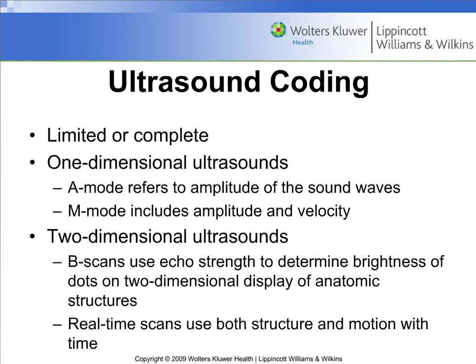The resulting image is a two-dimensional display. The real-time scans include display of both structure and motion with time in a two-dimensional image. An example would be getting an ultrasound of your uterus to see the baby.